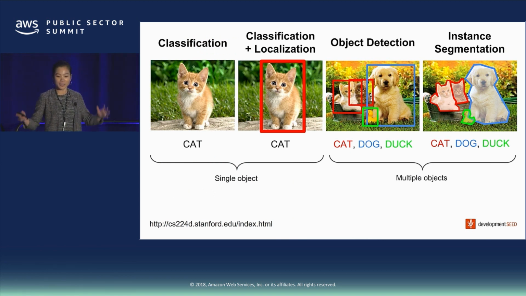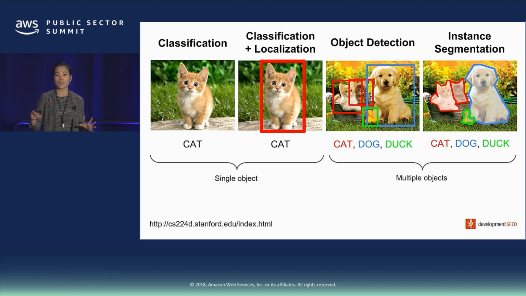We have a cat and a dog, and each pixel that we classify as belonging to the dog goes to the blue shape, what we call a polygon in geospatial terms. All the pixels belonging to the cat go to the red shape. Then we have object detection, which does not tell exactly which pixel belongs to what class, but tells the location of boxes. Those two come down to machine learning on satellite images.